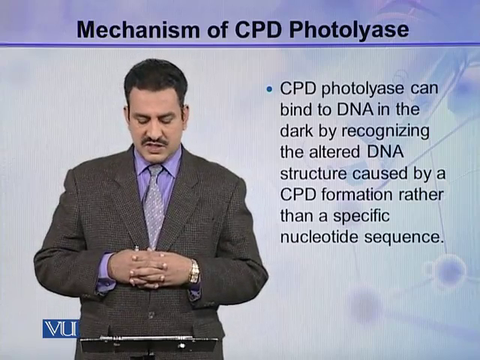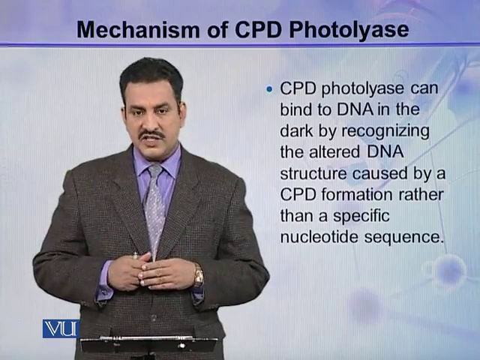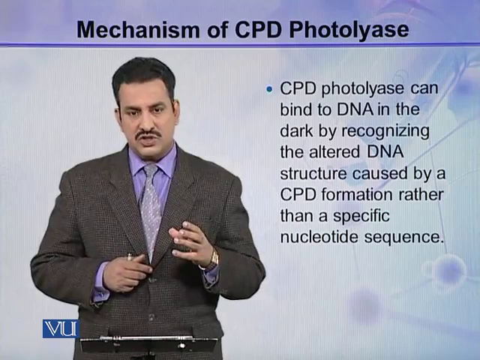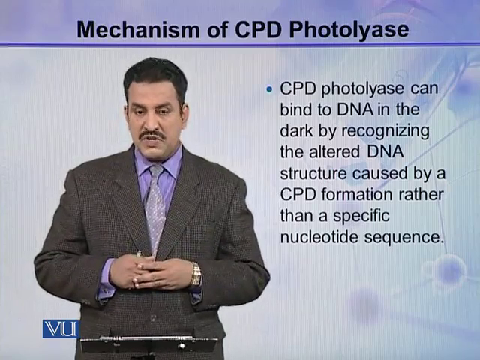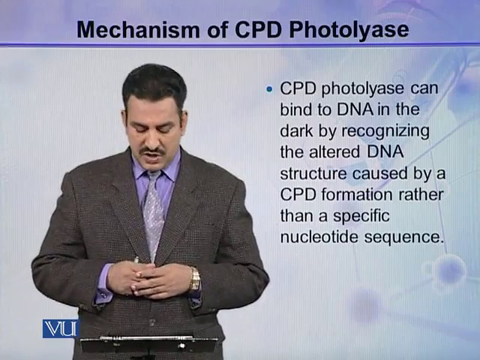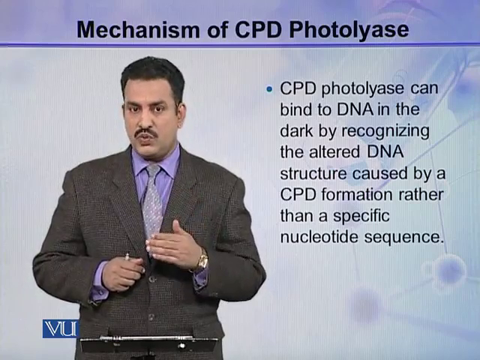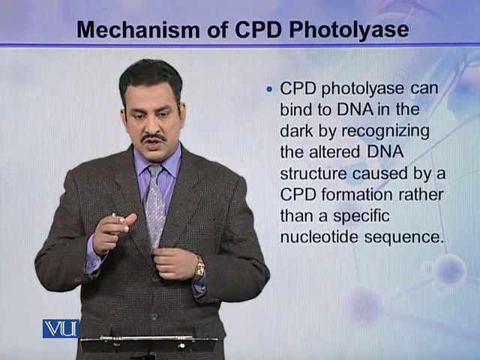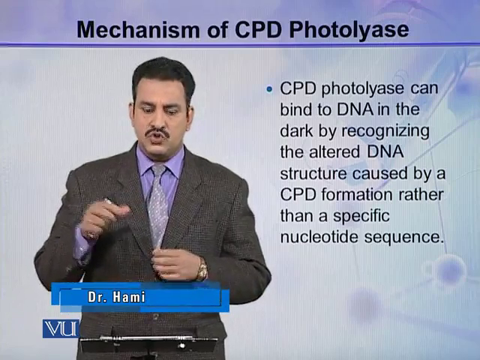CPD photolyase can bind to DNA in the dark by recognizing the altered DNA structure, which alteration is caused by CPD formation, cyclobutane pyrimidine dimer formation, rather than a specific nucleotide sequence. So these enzymes do not identify the sequence of DNA to bind.